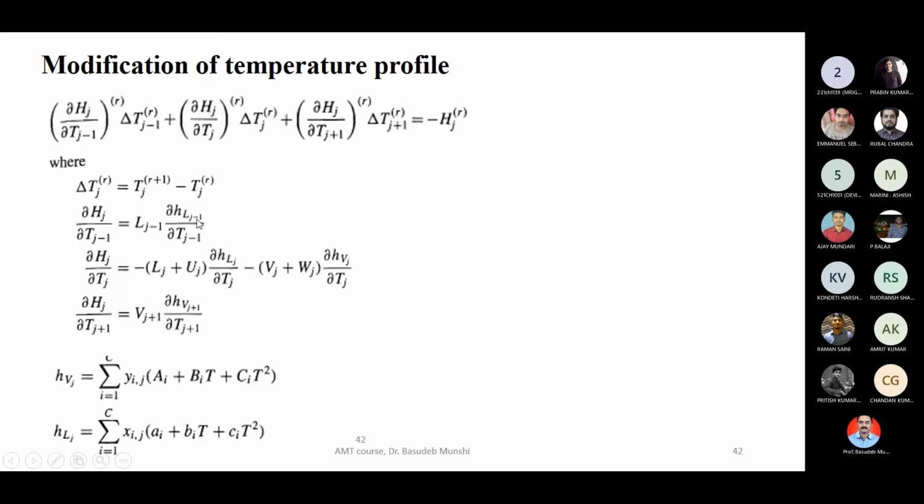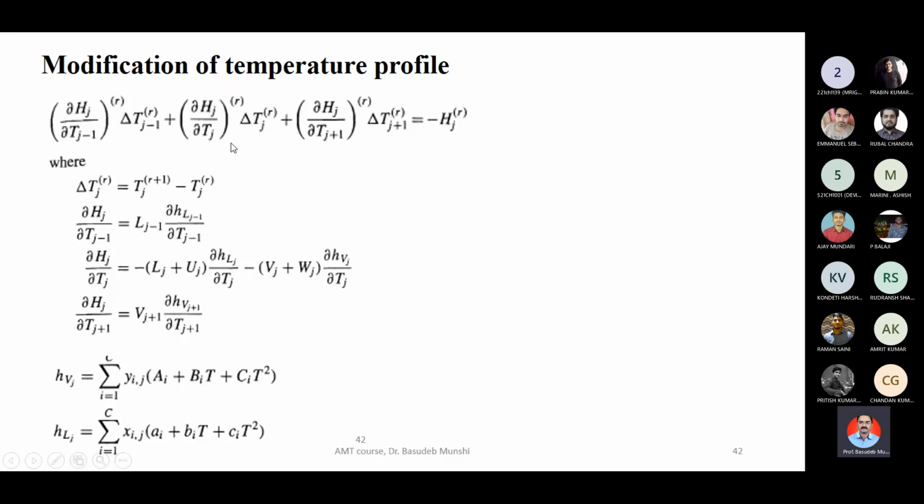Enthalpy function is available in algebraic form in Aspen Plus, or you can develop your own function. So you can easily find this derivative. Take the derivative of this algebraic equation. This is a function of temperature only. Easily you can find this derivative. So these derivatives are known to you.